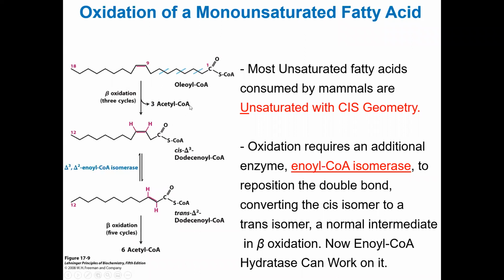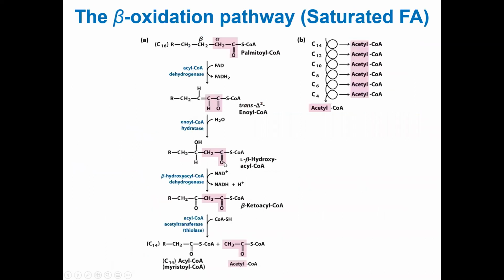But when the enzyme carries out 3 rounds of beta oxidation, what you'll notice is that you are left with this 12 carbon monounsaturated fatty acid, which has a cis geometry. Okay. And if you go back and actually practice, you will see that the double bond has to be between the alpha carbon and beta carbon, or carbon number 2 and 3, right?